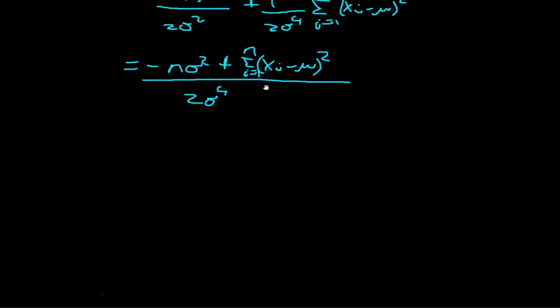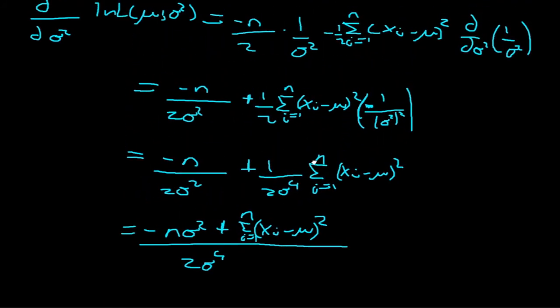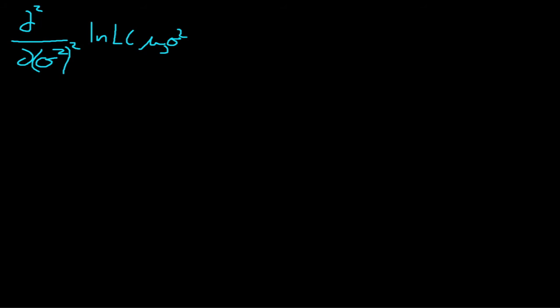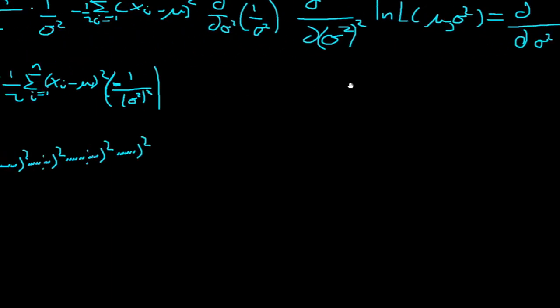And now we can't set it equal to 0 yet because we need to check the second order condition, so we will go ahead and calculate that right now. We will need to take the partial derivative with respect to sigma squared of the partial derivative function we have already calculated.